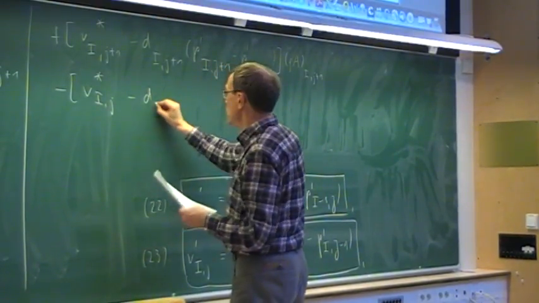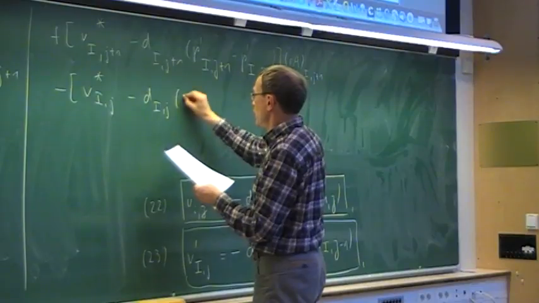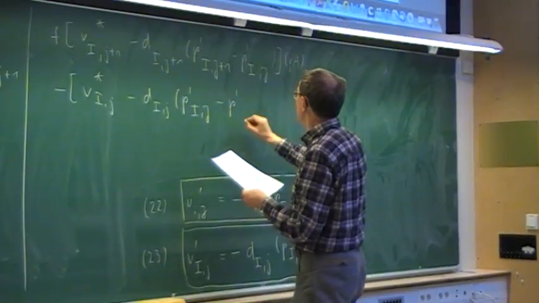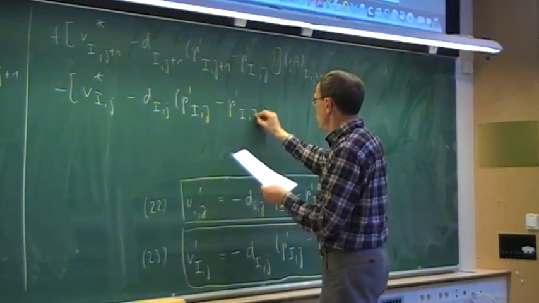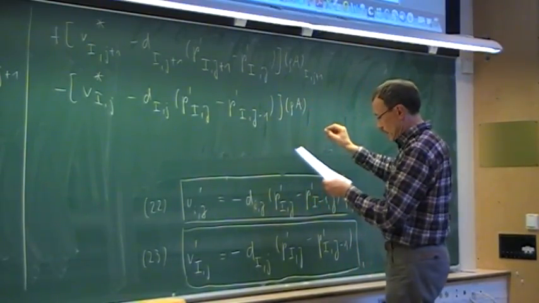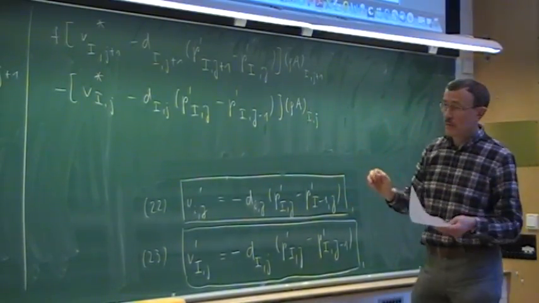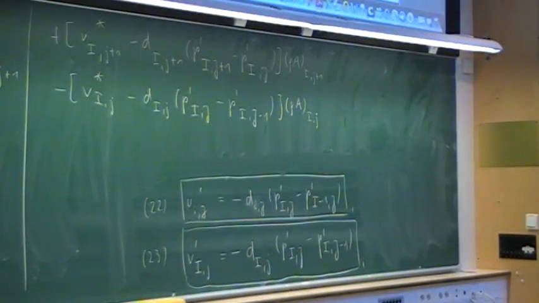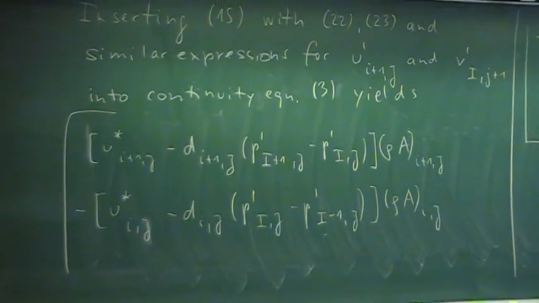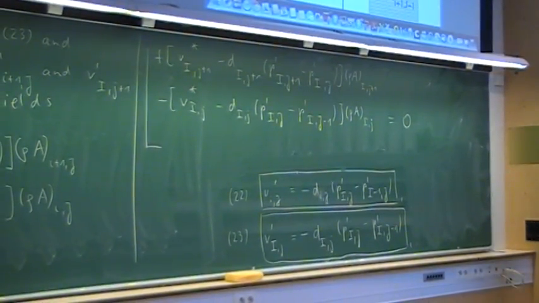That is the d ij times the p prime of ij minus the p prime of i j minus 1, multiplied by rho times the area, that is at ij. And all this here, so what we are discussing now is this here and this here, all these four summands, they are 0. That is the continuity equation.